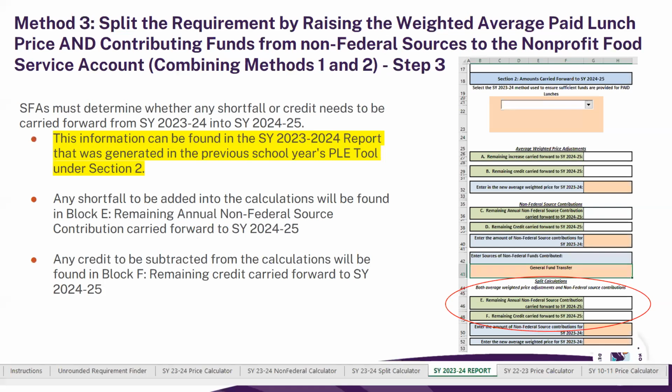Any shortfall to be added into the calculation will be found in Block E, remaining annual non-federal source contribution carried forward to school year 24-25. Any credit to be subtracted from the calculation will be found in Block F, remaining credit carried forward to school year 24-25.